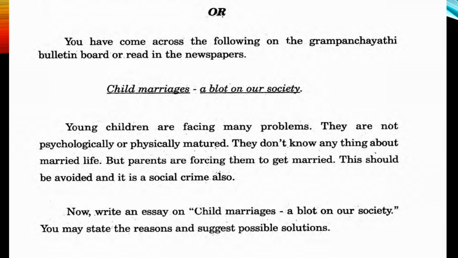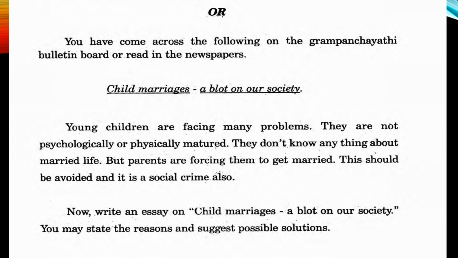So this is the actual news about child marriages. Now, what is the major discourse we have to do here? Now write an essay. Children, remember that BSNLE. The last one is E, that is essay.